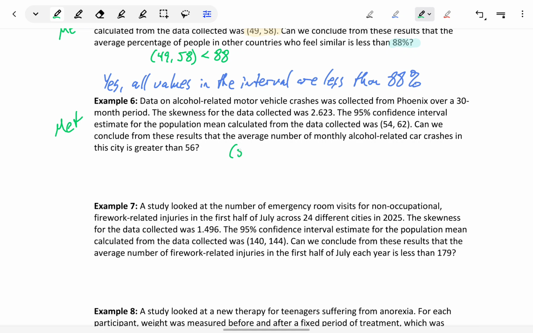So our confidence interval ranges from 54 to 62, and our value of 56 is contained in this case inside that interval. So in this case, no, we can't draw that conclusion because the interval contains values equal to or smaller than 56.